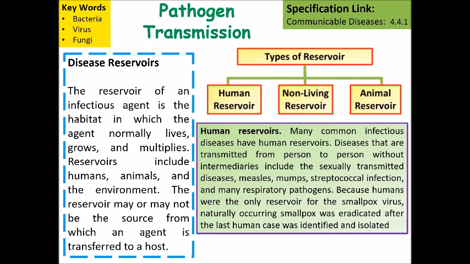Some of the more notable human reservoirs would be something like smallpox. It's worth noting that smallpox, because it only had a human reservoir, was able to be eradicated through a long process of vaccination.